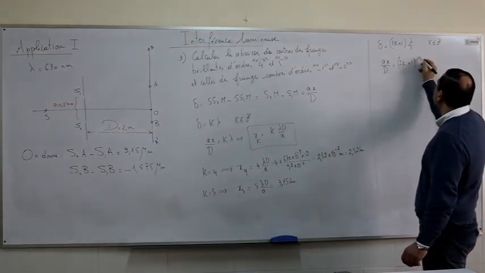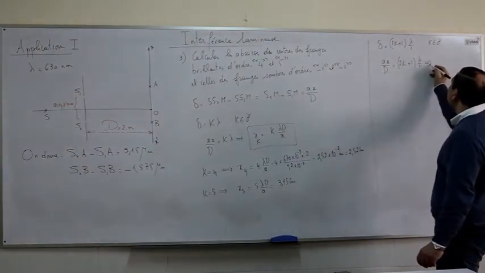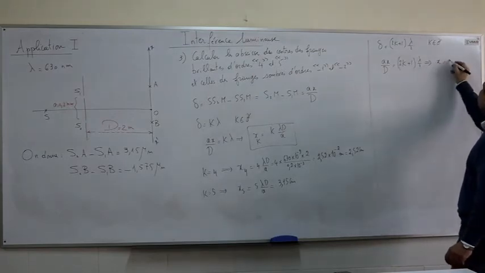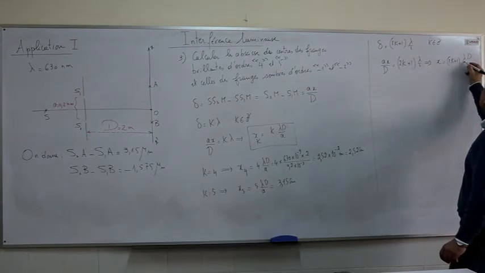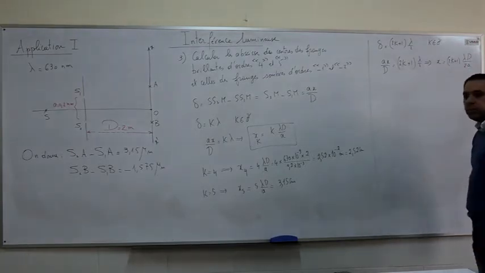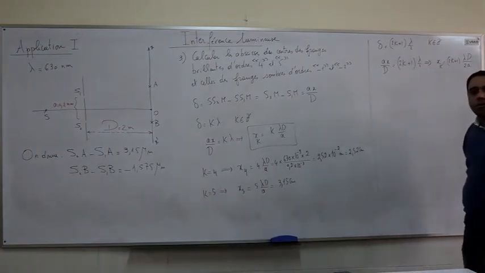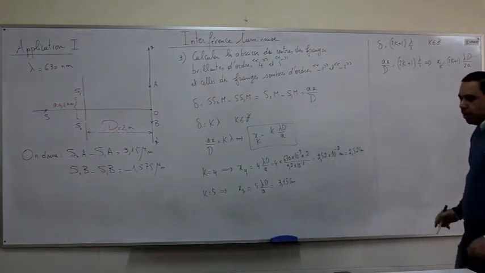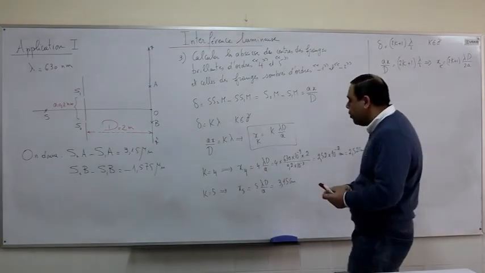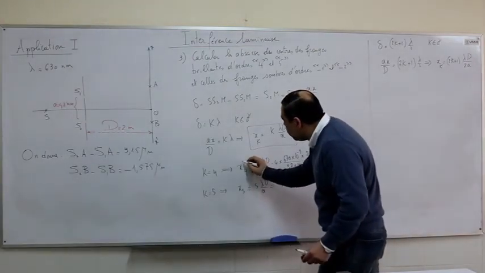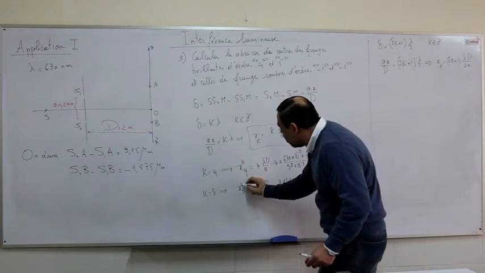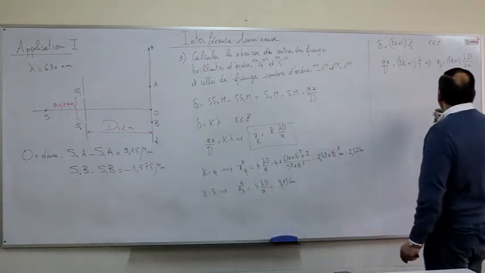We obtain that X equals 2K plus 1 lambda D over 2A. And this is the abscissa of a dark fringe of order K. Now to avoid confusion, we're going to assign the letter B for the abscissas of bright fringes and D for the dark fringes.